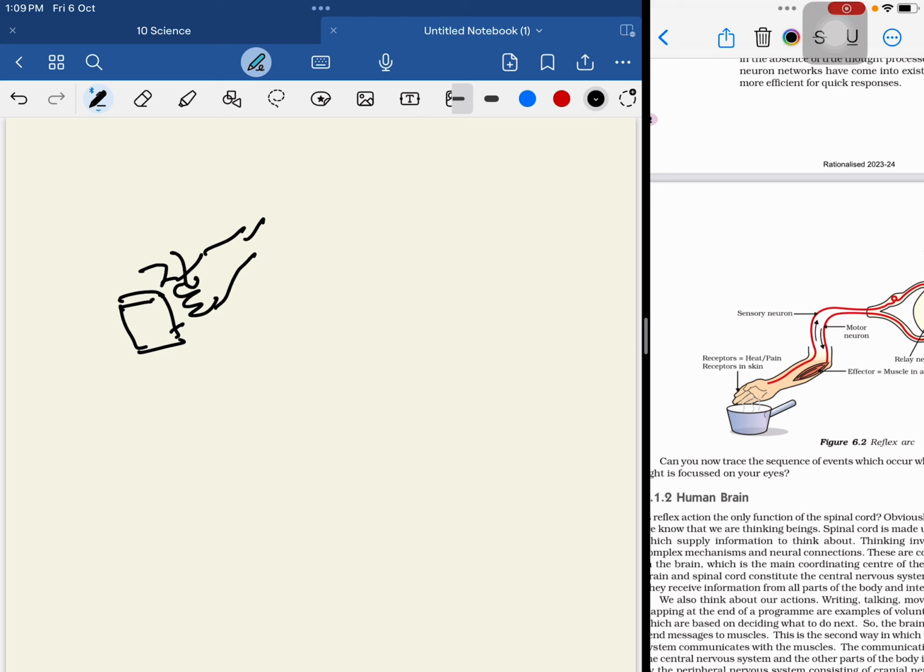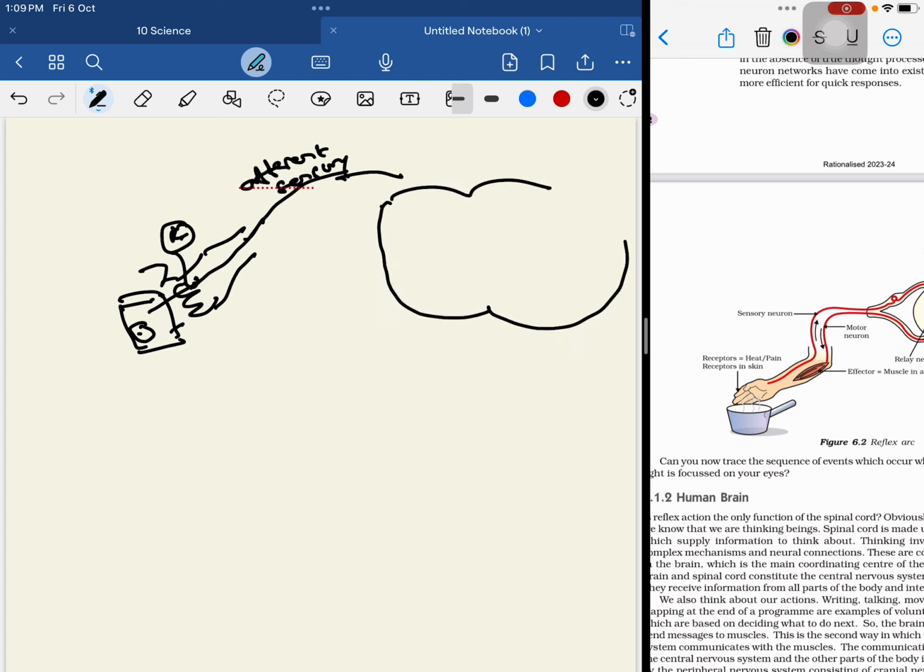This receptor in the hand is stimulated by the coffee, and there is an afferent or sensory input. Nothing but the information from the receptor is carried to the spinal cord. And from the spinal cord there is a relay.